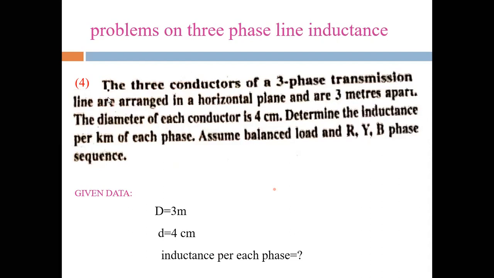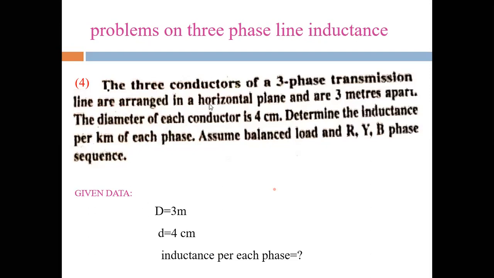The distance between the conductors is 3 meters. The diameter of each conductor is 4 centimeters. Determine the inductance per kilometer of each phase. Assume balanced loads and RYB phases.